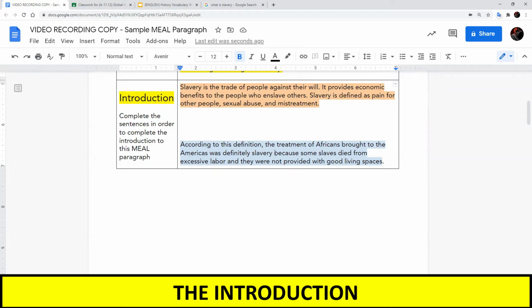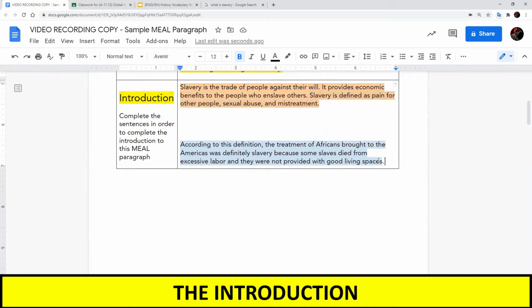We give examples here: some slaves died from excessive labor and they were not provided with good living spaces. That definitely connects to the second part of the definition, where slavery is defined as pain and mistreatment.